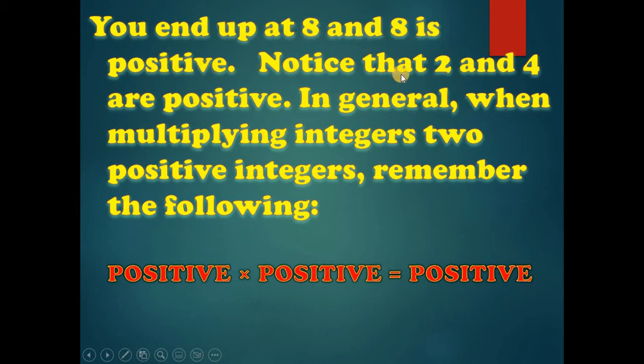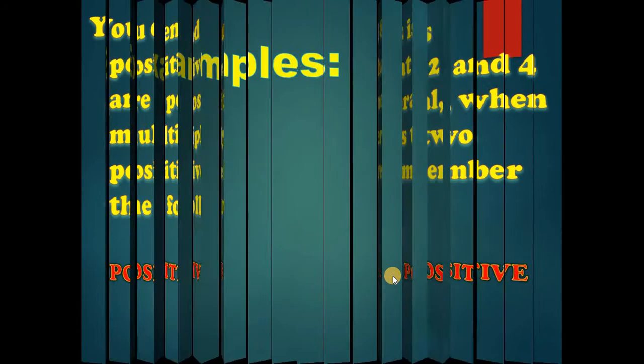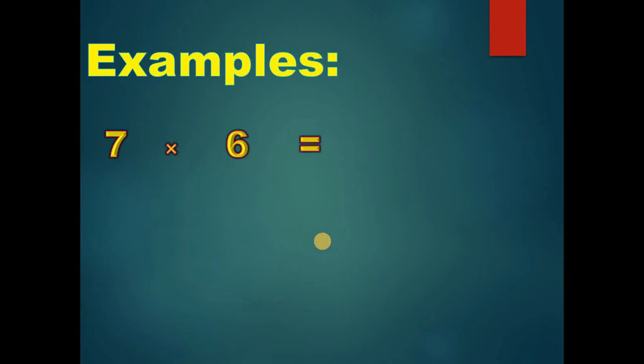So notice that 2 and 4 are positive. In general, when multiplying two positive integers, remember the following. So kapag tayo ay nagmumultiply ng dalawang positive, so positive times positive equals positive. So parehas na positive ang makukuha natin. Okay, for an example, yan.